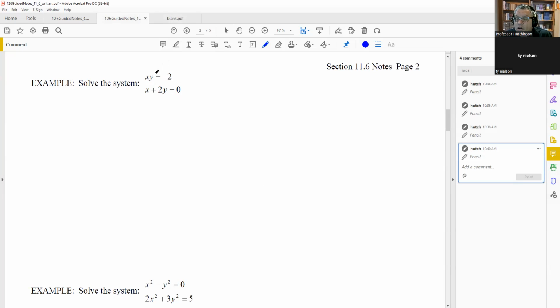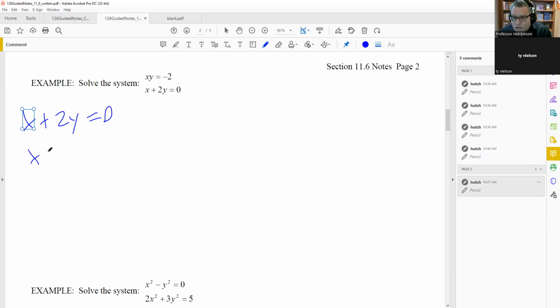Now, of course, I could go in the first equation and solve for either x or y, but then that's going to involve dividing something there. So instead, I'm just going to start with this one and solve for x. If I do that, I'll subtract 2y to the other side and I get x = -2y.